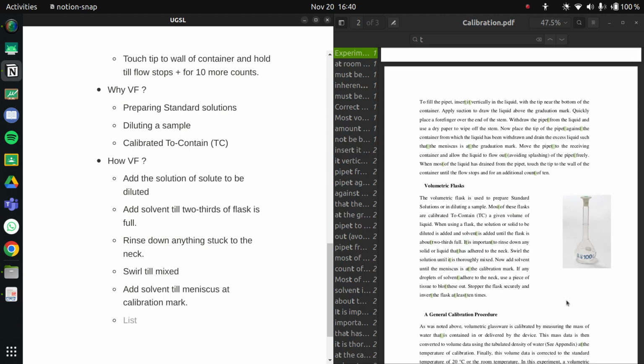If any droplets of the solvent adhere to the neck, use a piece of tissue to blot these out. Droplets of solvent adhere to the neck. Use a piece of tissue. Wait, so it's the same? Yeah. Oh, so before it was rinse down. Oh, okay, to the inside of the neck.